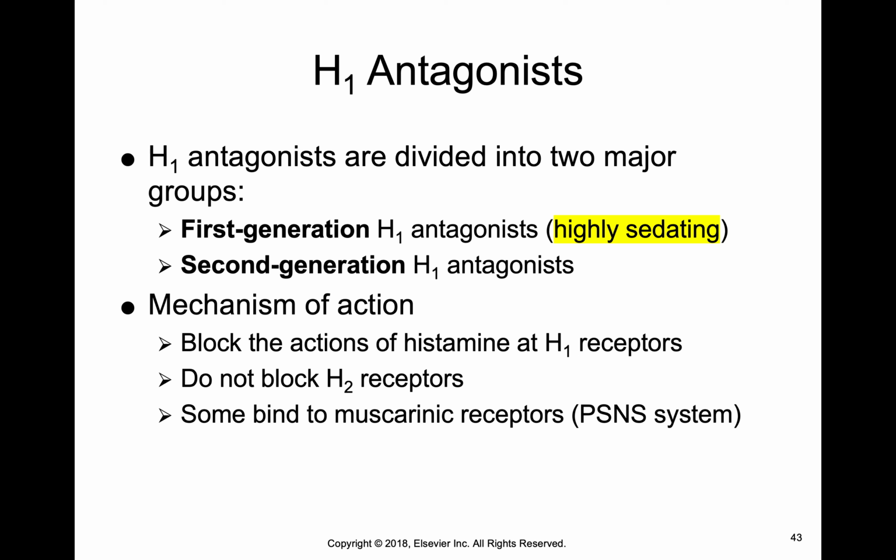Those are all antihistamines of the first generation. The second generation, for the most part, is Claritin, Zyrtec, and Allegra. So loratadine, cetirizine, and fexofenadine are the most common second generation ones.